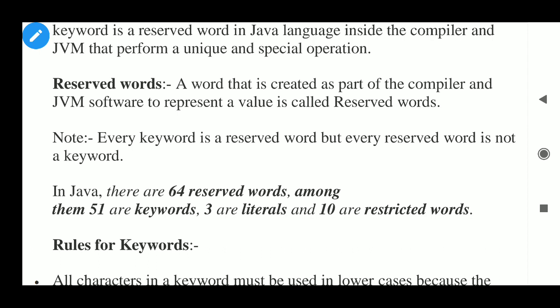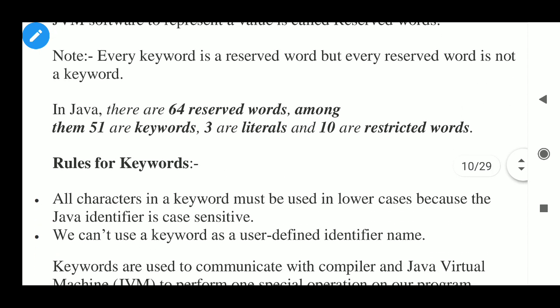So rules for keywords, there are some rules. All characters in a keyword must be in lowercase because Java identifiers are case sensitive. We can't use a keyword as a user-defined identifier name, meaning any keyword cannot be used as a variable.